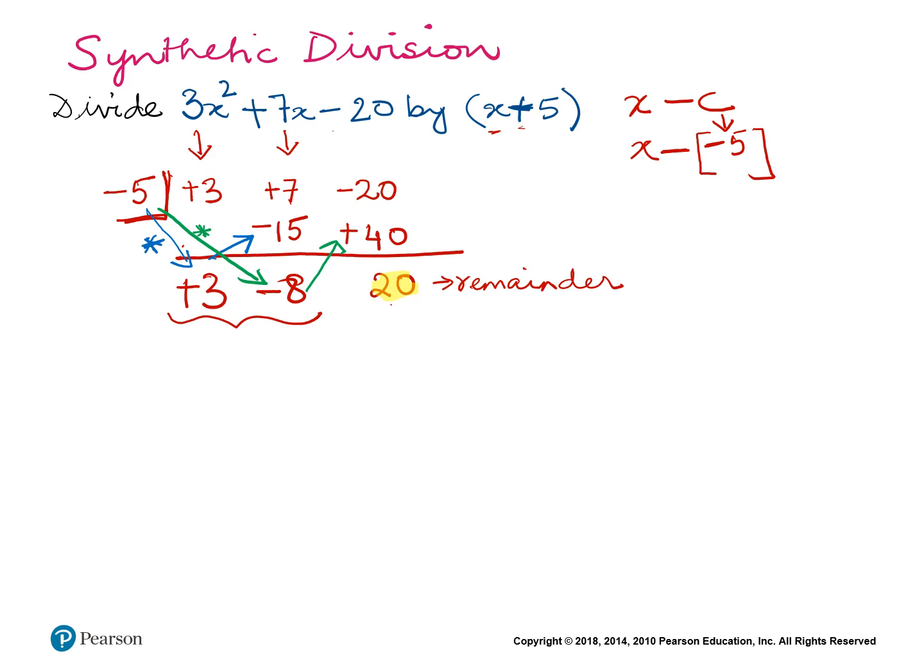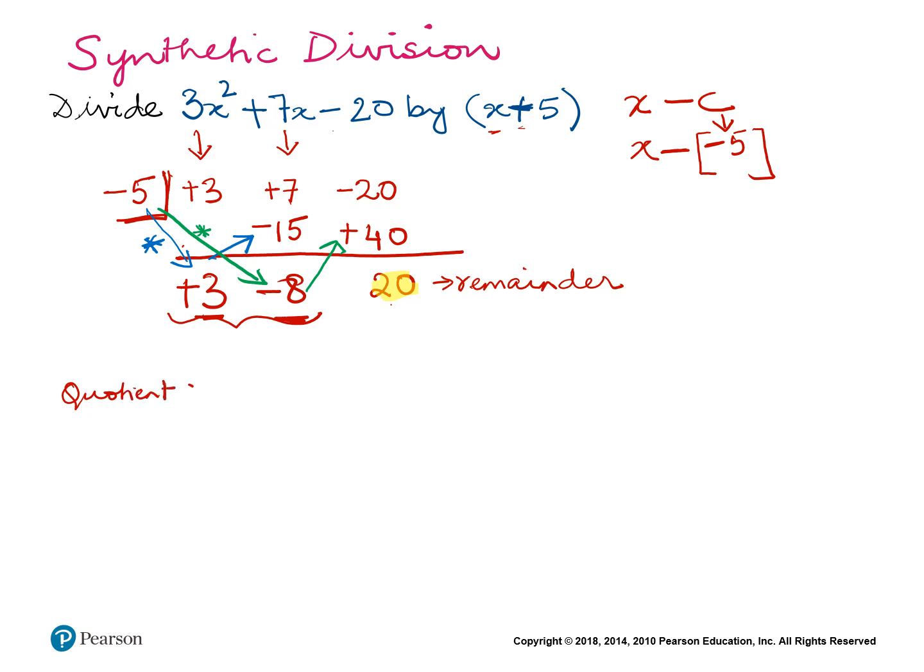Remember, we have the quotient, and then we have the remainder, and then we have to put them together when we write the final answer in long division. We're going to do the same thing here, but these are going to be the coefficients of the different terms of the quotient. So we are going to write the quotient first.